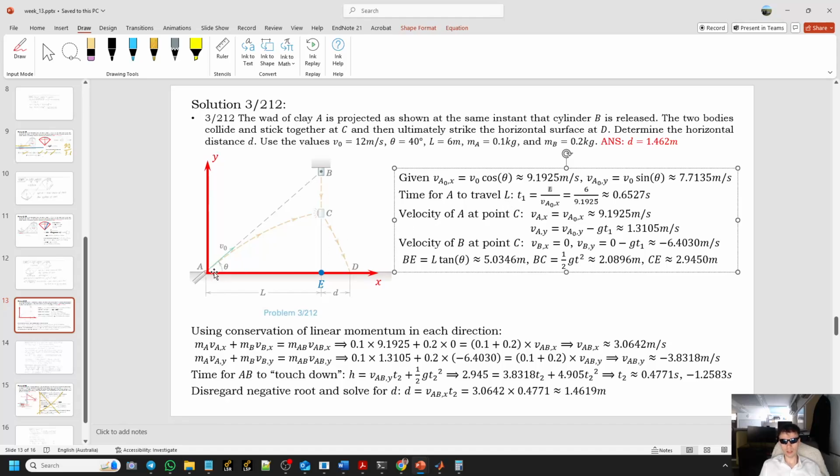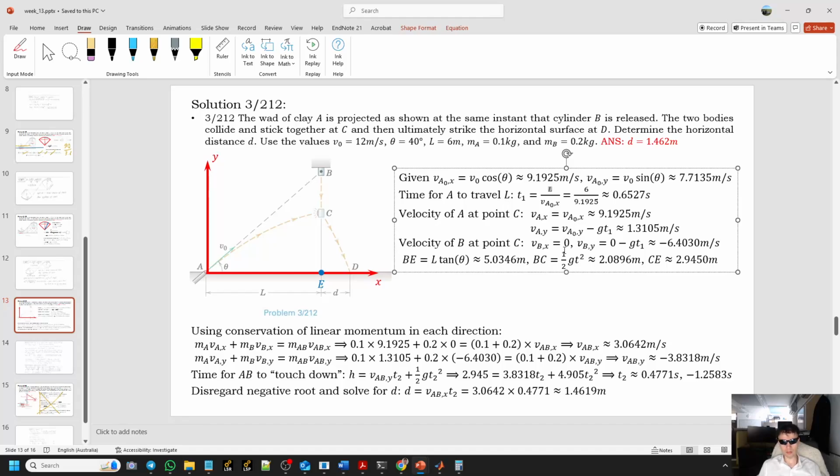How long does it take from A to reach the point C? Okay, and for velocity of A at point C, VAX, as I said, is constant, 9.1925.